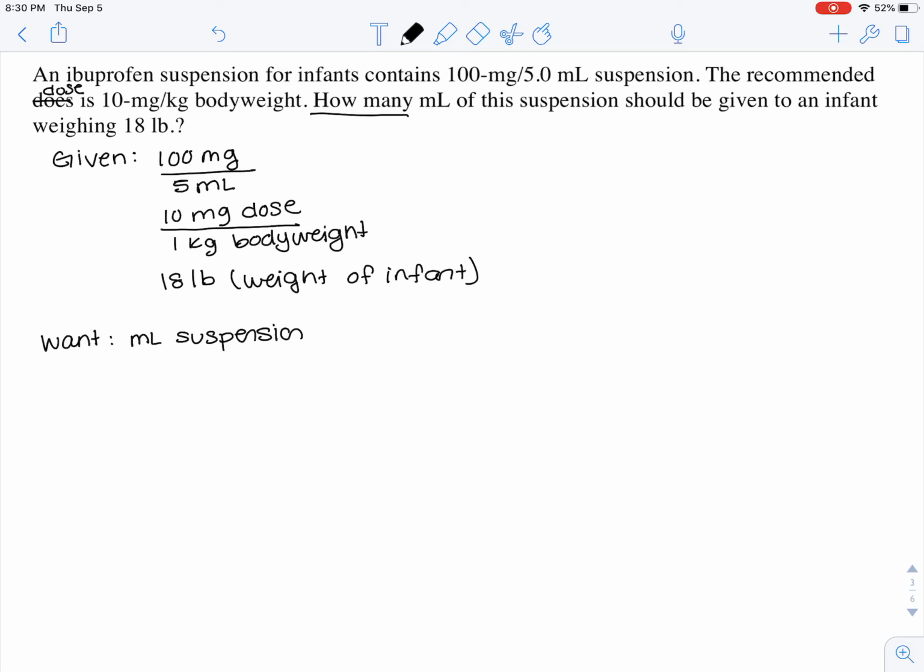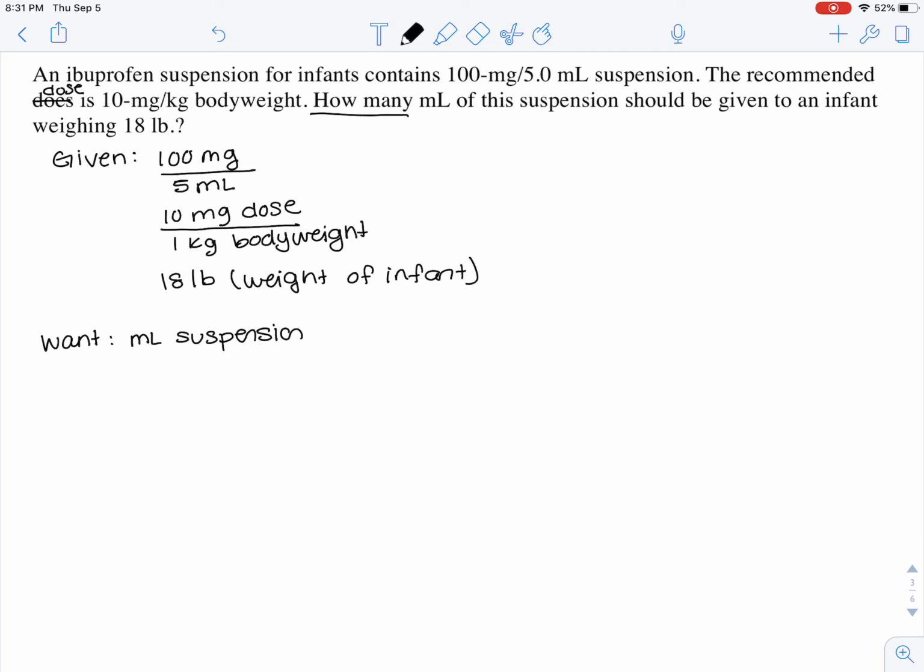So basically, you have this infant that weighs 18 pounds, and you need to give ibuprofen to help relieve the pain. You know that it's only recommended to have 10 milligrams per every kilogram of body weight, so you need to figure out how much volume you will be suspending into the infant.